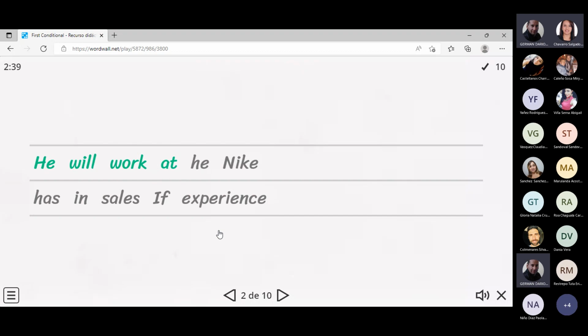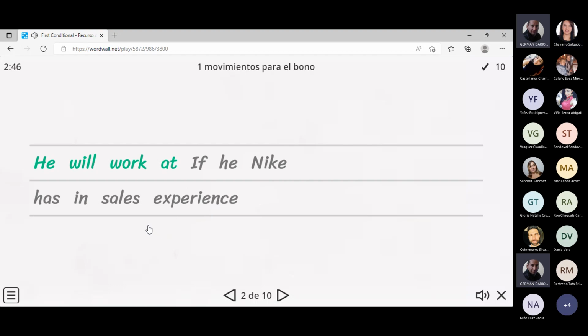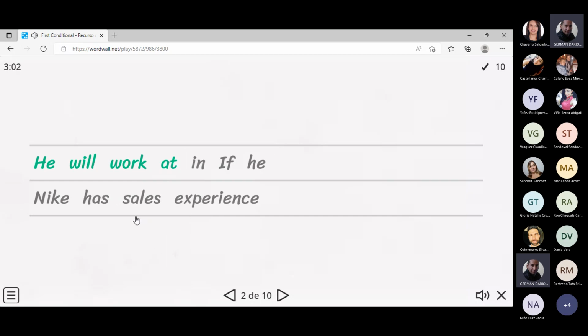If. Creo que sí. He will at. In, at. At.